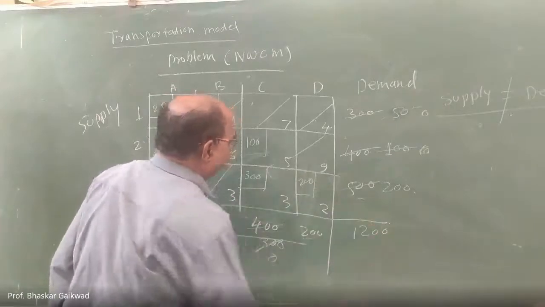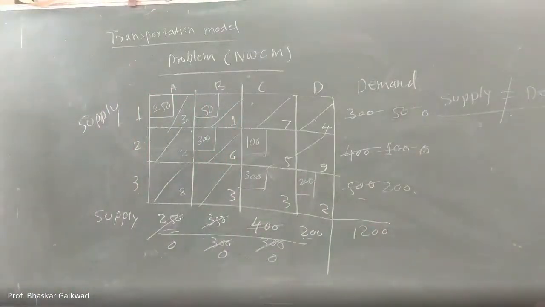Demand and supply are equal. Like this, you can solve the problems by the northwest corner method. Every time you have to select the northwest corner. After that, see demand and supply, and whichever is the minimum, you write in that corner.